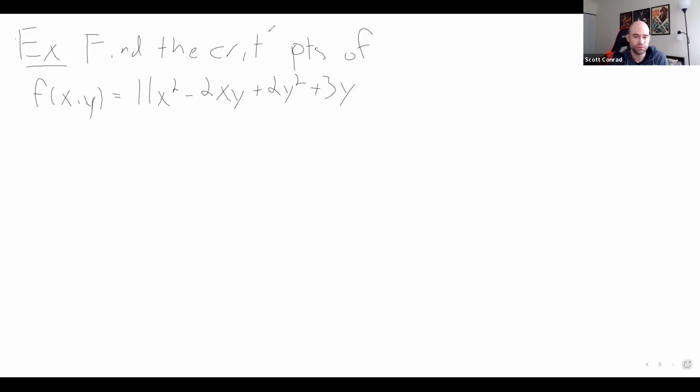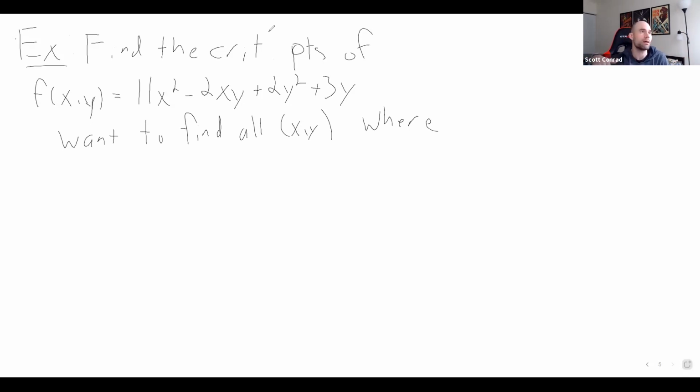Okay, so we're going to find all the points (x, y) where both partials are equal to 0. Technically, it could also happen where one of the partial derivatives does not exist.